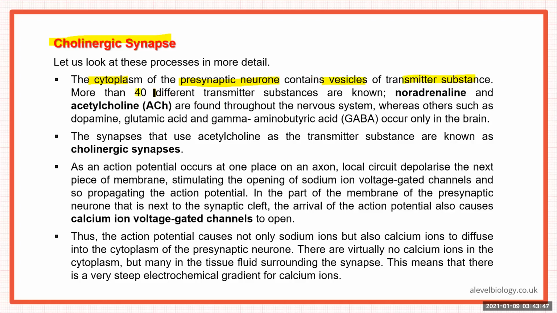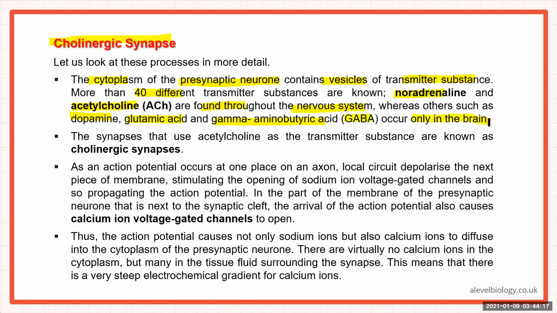There are around 40 different transmitter substances already known. There are noradrenaline and acetylcholine. Acetylcholine, as an abbreviation, is written as capital A, capital C, small h. Noradrenaline and acetylcholine are found throughout the nervous system, whereas others such as dopamine, glutamic acid, and gamma-aminobutyric acid, in short known as GABA, occur only in the brain.